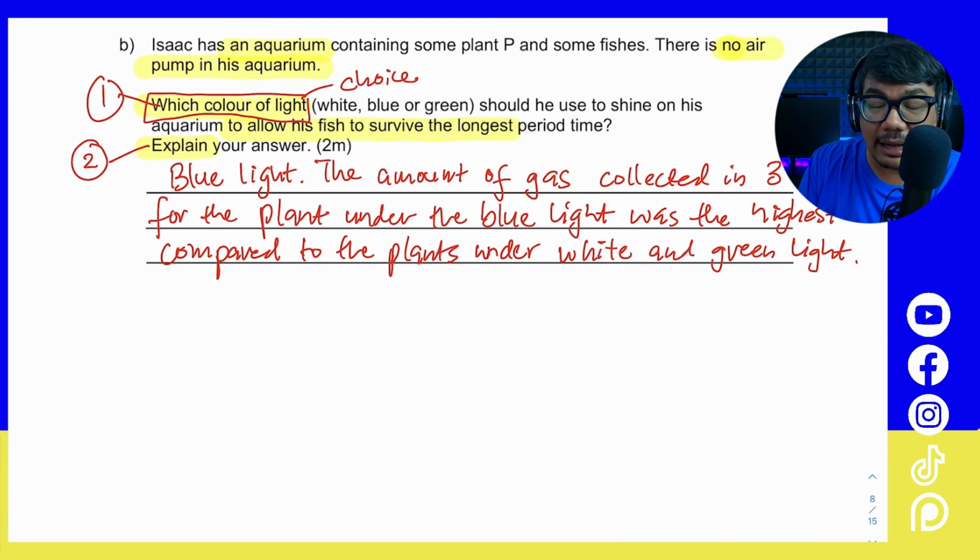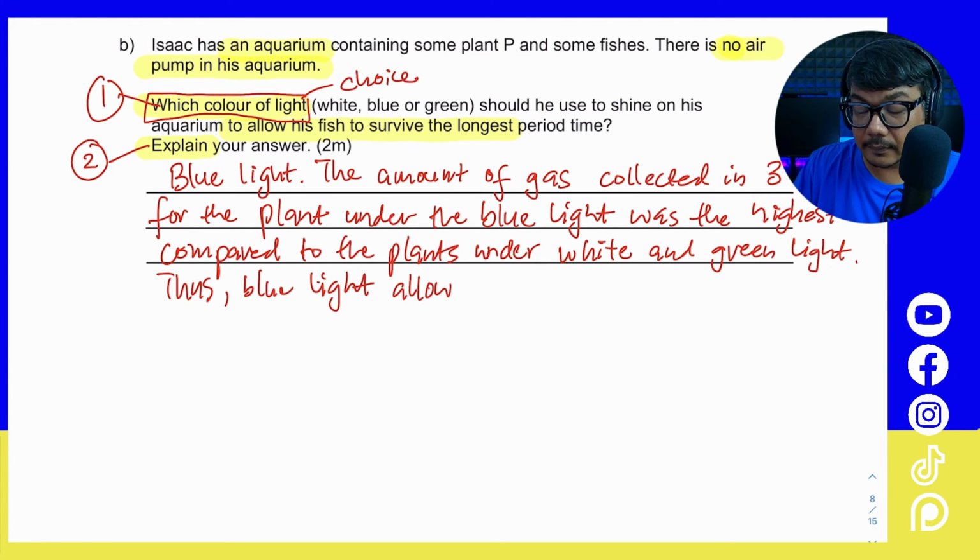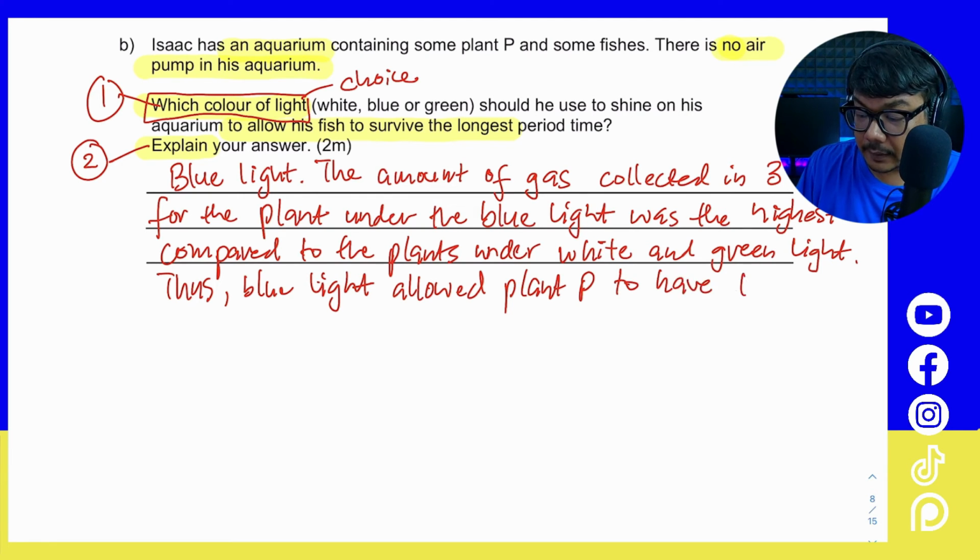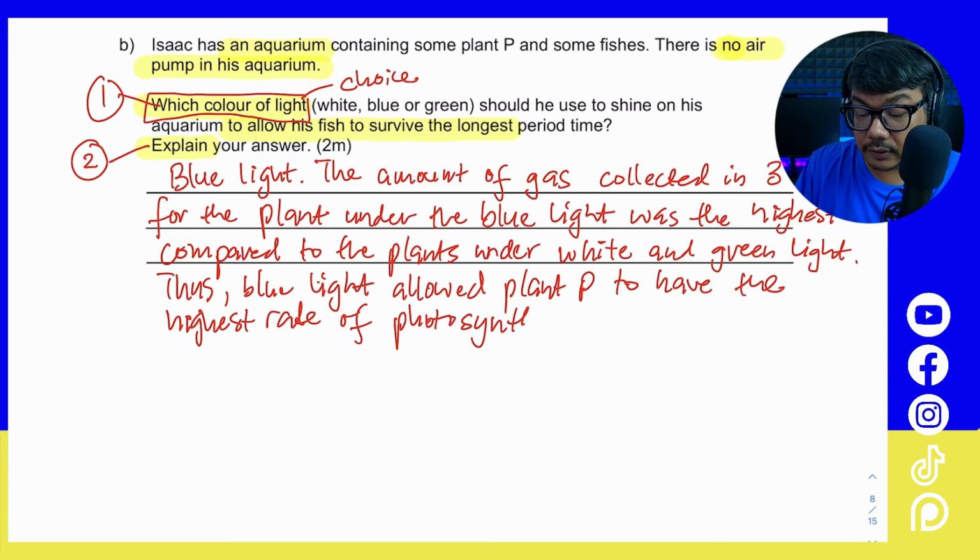And then now you are supposed to write your reasoning. Why is this evidence the reason that you choose blue light? This is the part where you write in your concept. So thus, blue light allowed plant P to have the highest rate of photosynthesis.